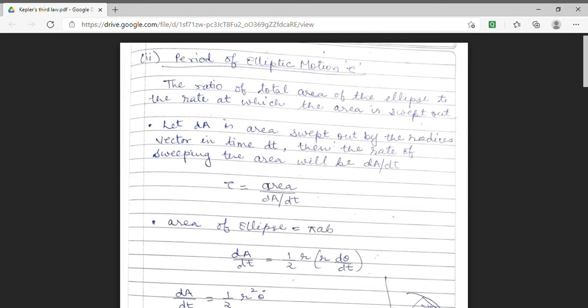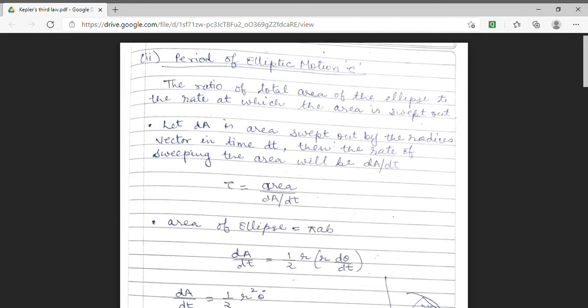And this is the most important case, as our earth is a planet and it revolves around the sun, and the orbital motion is elliptical. That means it is a periodic motion. The other two situations, epsilon equal to 1 and epsilon greater than 1, parabola and hyperbola, are non-periodic motion.